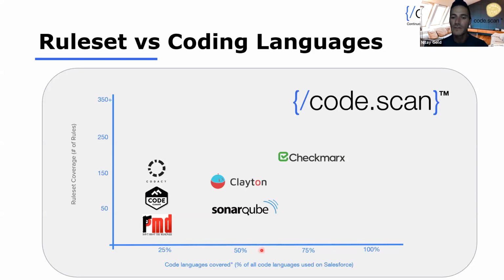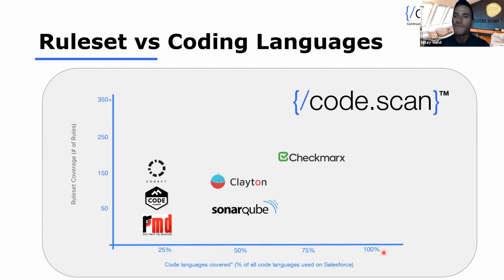And when you move into these platforms here, they cover a little bit more, like Visualforce and Lightning Web Components and all of that. And when you go here, this is 100% of your languages in Salesforce. That includes Apex, of course, Visualforce, Lightning Web Components, and of course the metadata.